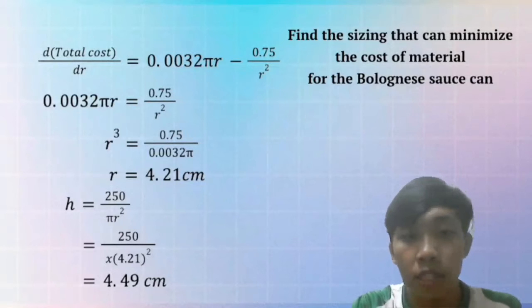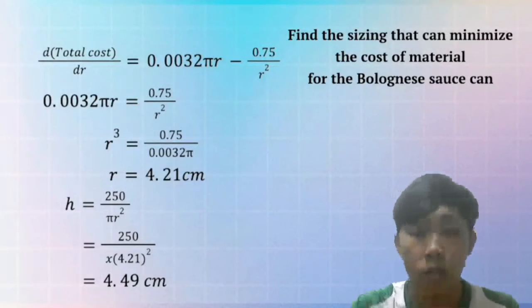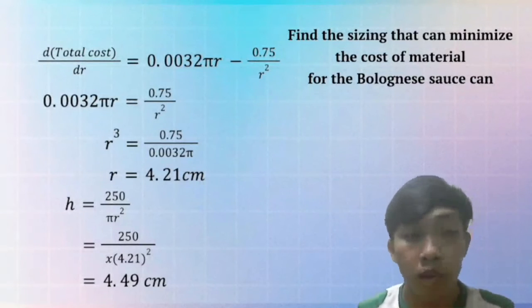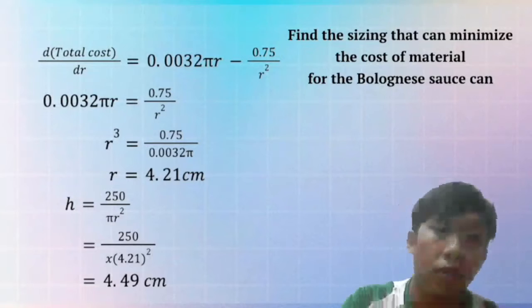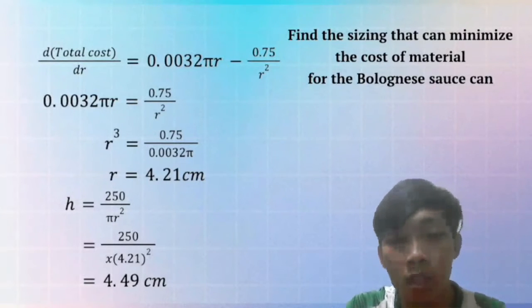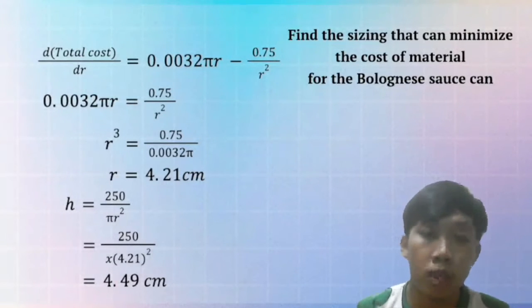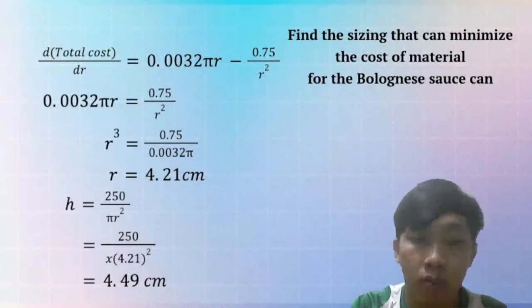Then we set it to zero and move the negative term to the other side, and it becomes positive.